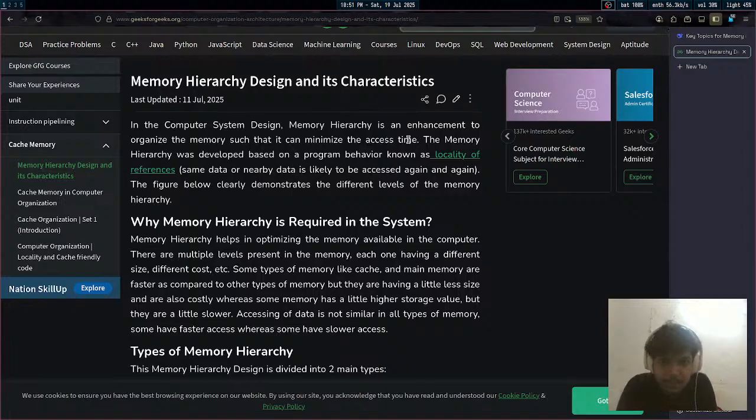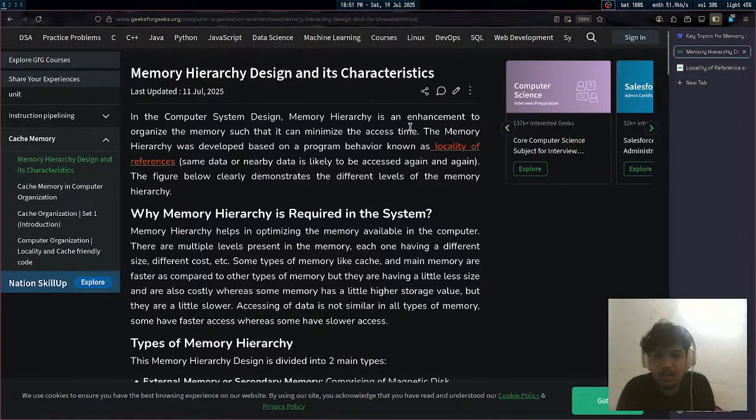Memory hierarchy was developed based on a program behavior known as locality of reference. Maybe this comes later, I will just keep it open. Same data or nearby data is likely to be accessed again and again. The figure below clearly demonstrates different levels of memory hierarchy.